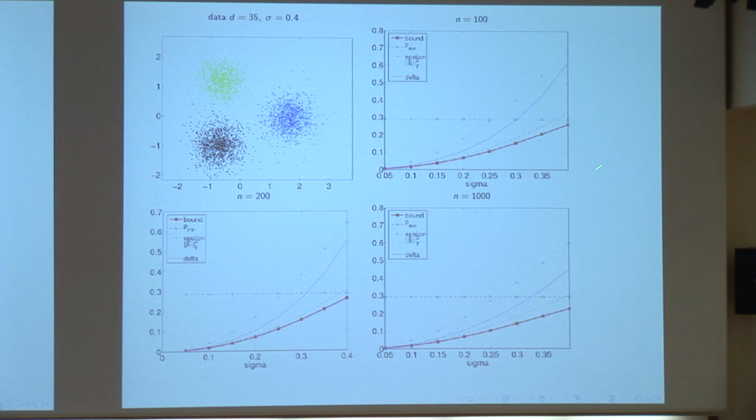What I show here is the extreme point, sigma equals 0.4. This is what you see. So the clusters are separated like this, or more separated because they are more concentrated. Yeah, so they can be very concentrated. And this is the bound, and I plot it until it gets near to 0.3, which means as long as it's relevant, or as long as the theorem applies.